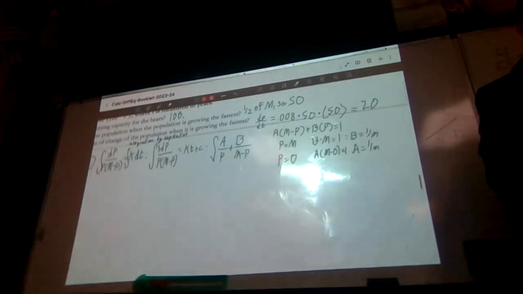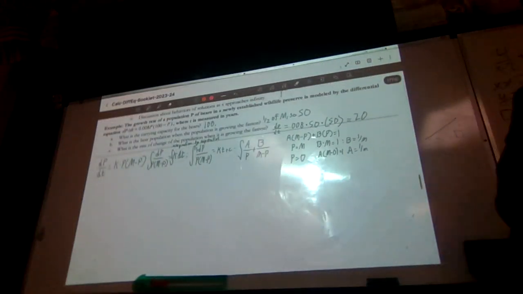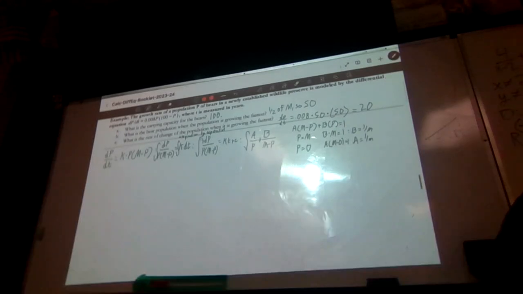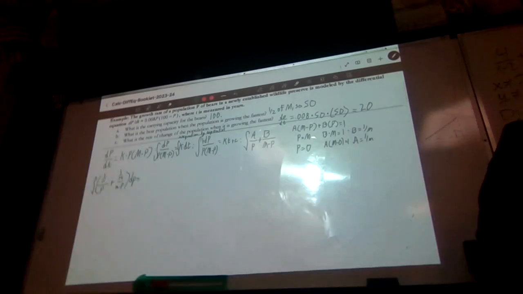Now I'm going to go back, and now that I know that a is 1 over m and b is 1 over m, I have the integral of 1 over m divided by p plus 1 over m of m minus p dp.